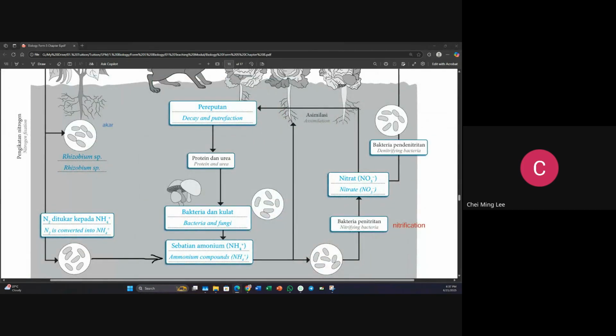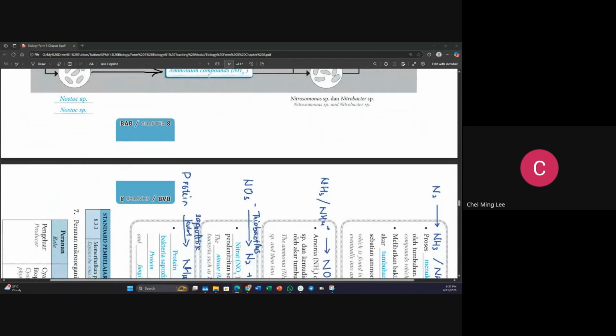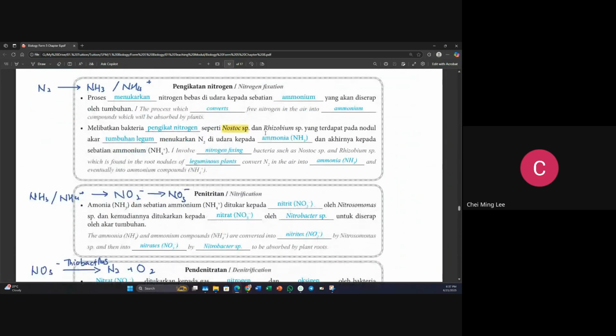let's come back to our books. So let's see through the nitrogen fixation, where nitrogen will be converted into ammonia and ammonium ion.